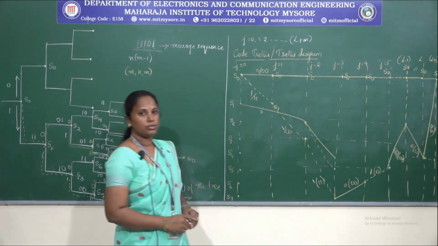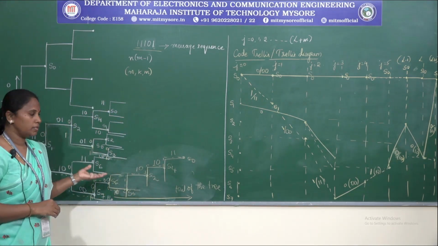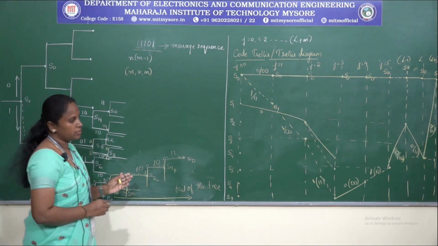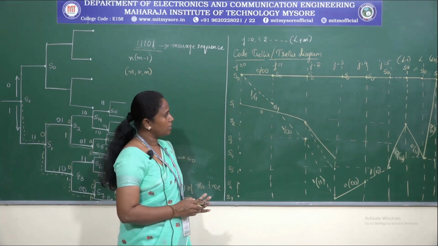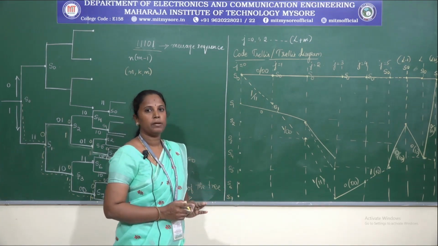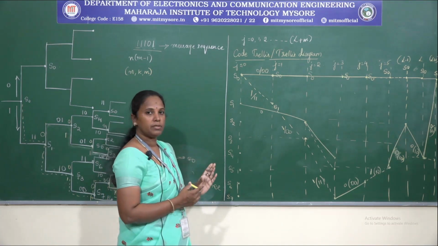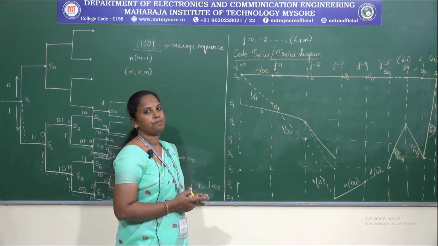So like this you are going to represent everything, whatever you have written in the code tree has to be rewritten in your trellis diagram. So this is how you represent the trellis diagram, which is very much easier when compared to your code tree.